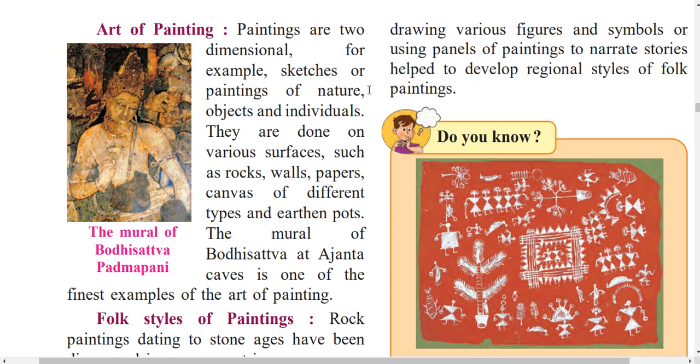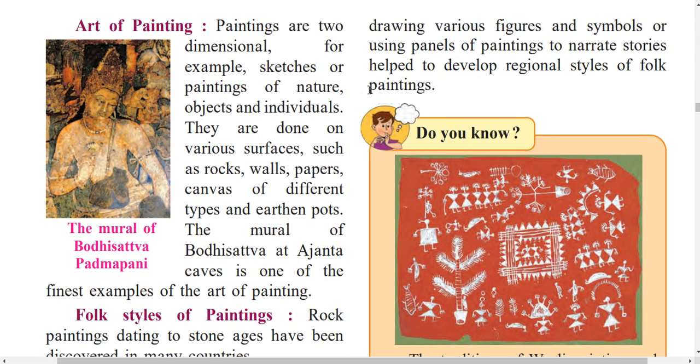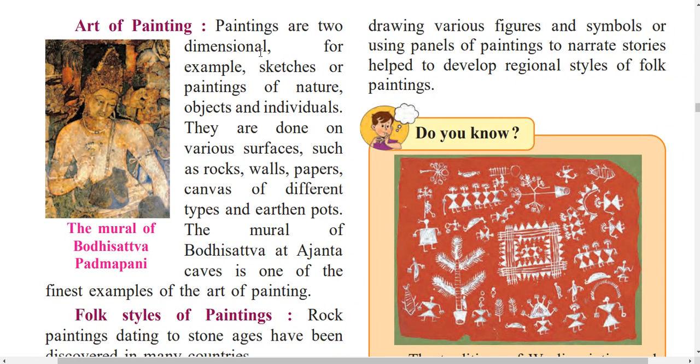Art of painting. Paintings are two-dimensional, for example, sketches or paintings of nature, objects, and individuals. They are done on various surfaces such as rocks, walls, papers, canvas of different types, and earthen pots.